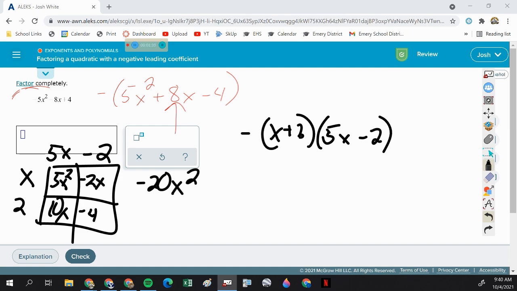If the problem said solve, then we would get x equals negative 2 and 2/5, and the negative does not come into play. So if the problem wants you to factor, you need whatever you pulled out. If the problem says solve or find the roots or find the x-intercepts, then you don't need whatever you factored out.